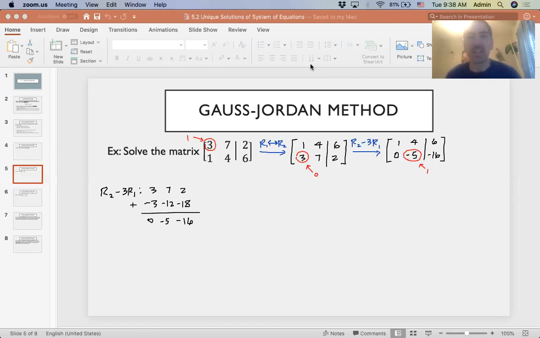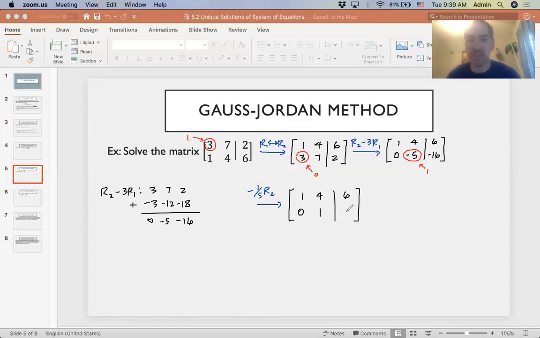We get this to become 1 by multiplying by its multiplicative inverse. That's a -1/5. That's equivalent to dividing by -5. All right, so row 1 stays the same. 0 times -1/5 is still 0. -5 times -1/5 is 1.